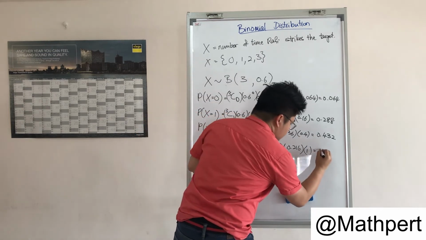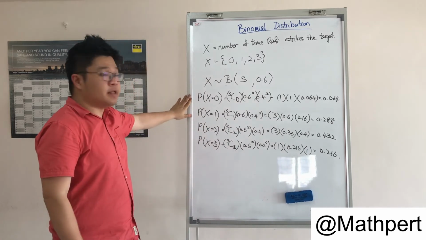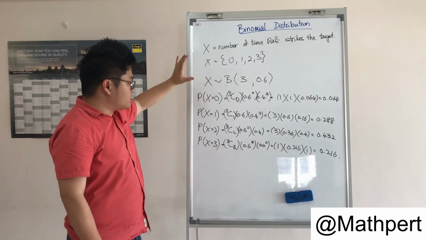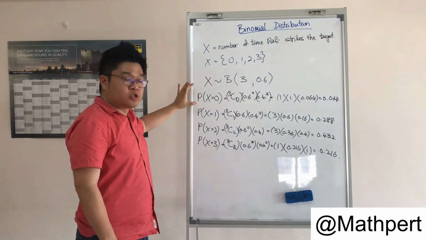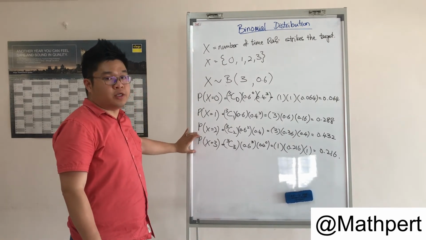Then this is 0.216. These are the probabilities for Rafi to strike 0 times, 1 time, 2 times, and 3 times.